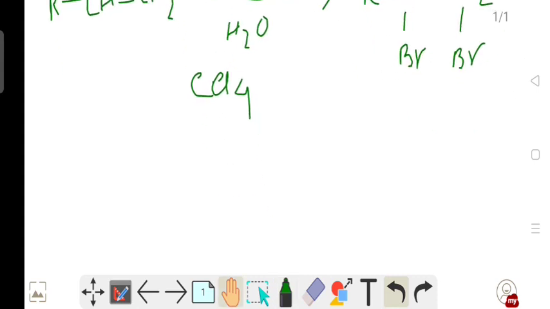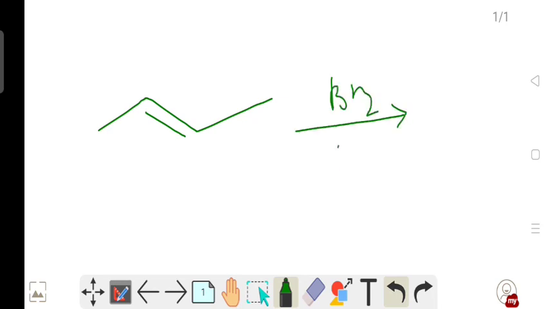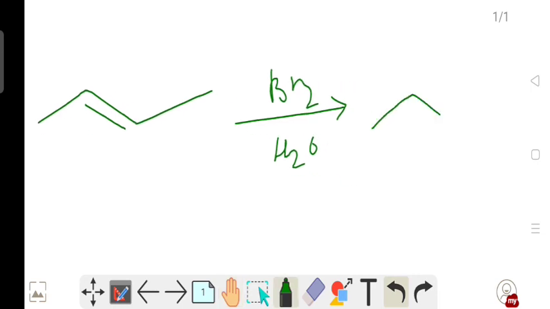The same applies to any type of double bond. If you take any type of double bond, for example this one, another molecule, and use bromine and water or bromine in CCl4, then the product will have two bromines attached here. That means addition of bromine to the double bond. It's a simple reaction, and any type of double bond works.